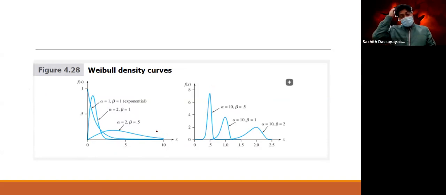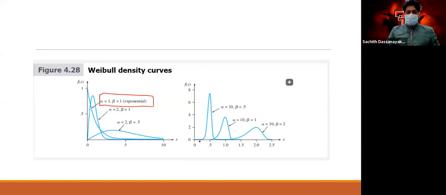There is a special case: if alpha and beta equal 1, it becomes the exponential distribution. There are a few distributions that, once we change their parameters, change into another distribution. This is an example. So for the Weibull distribution, when alpha and beta equal 1, it becomes the exponential distribution. Keep that in your mind.